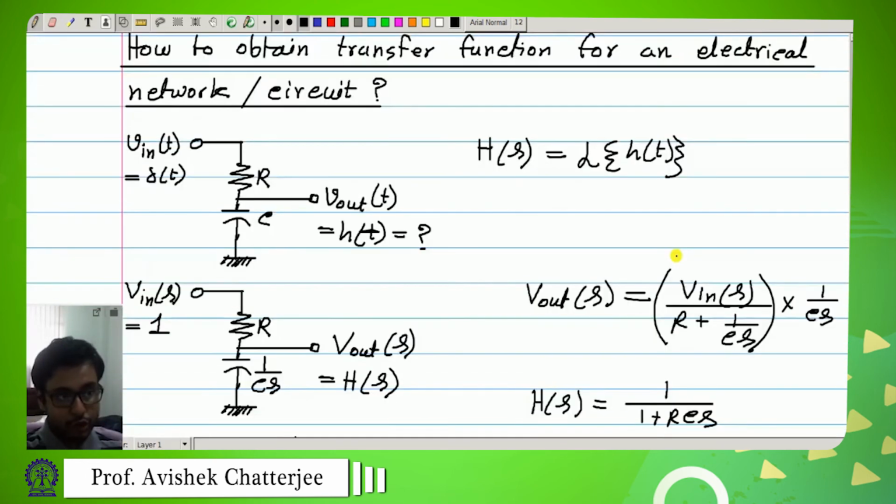It is also clear from the physical consideration of this circuit. You think of the AC impedance of a capacitor that we represent by 1 by j omega.